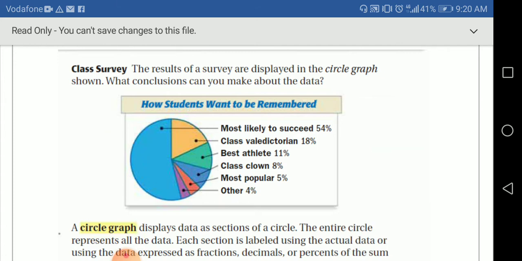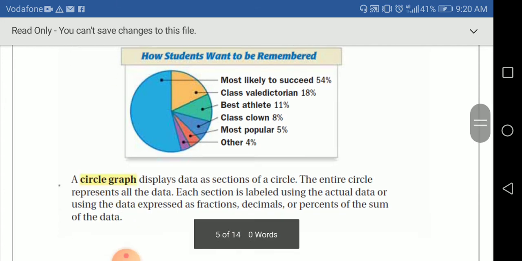Remember, we have studied before graphs like the histogram and the pictograph, but this is the first time to have a circle graph.